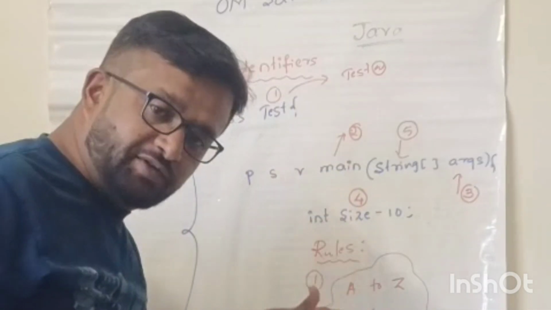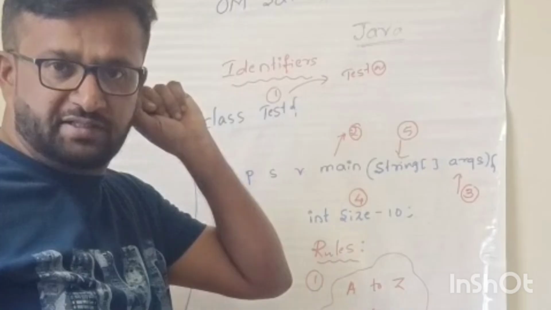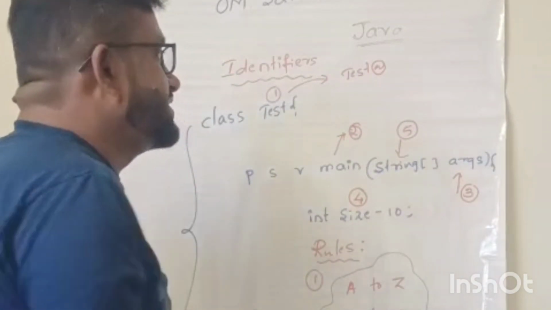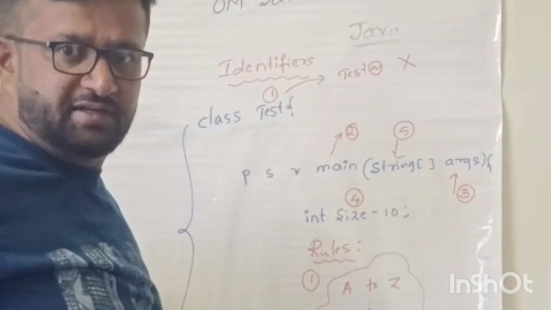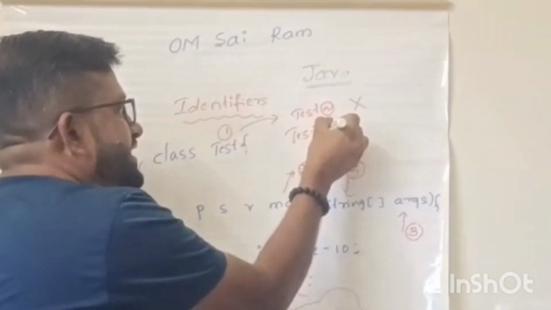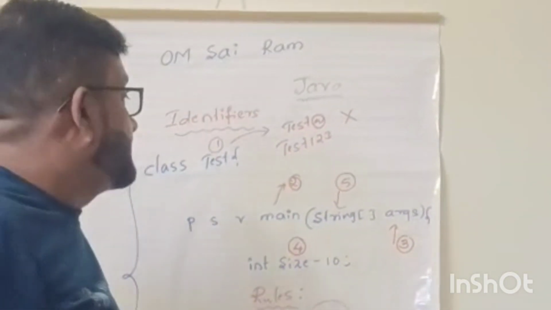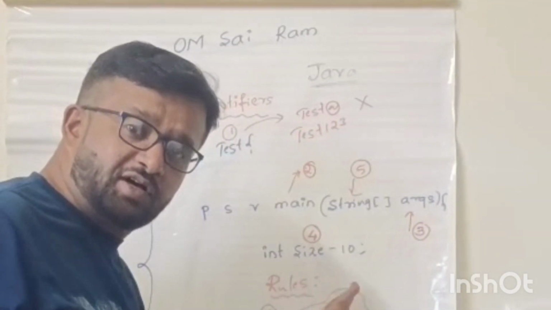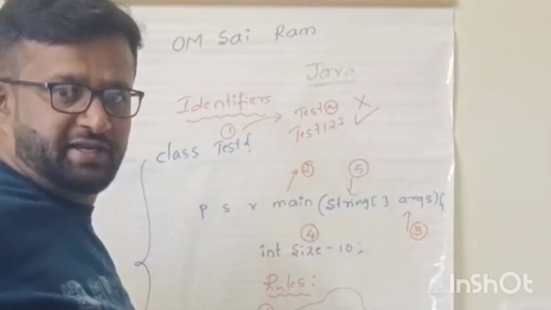That's the reason we have to follow these rules. Is the at the rate symbol allowed or not? It's not allowed, so this is an invalid identifier. Clear? I will create another one, test123. Is this valid or invalid? This is perfectly fine. Test is allowed and 123 is also allowed.